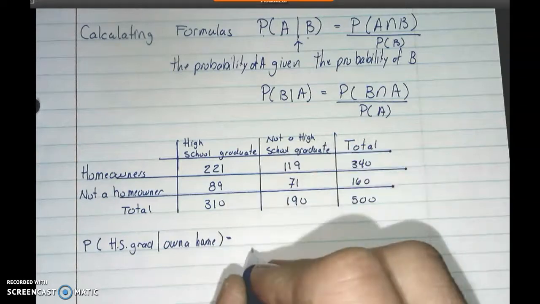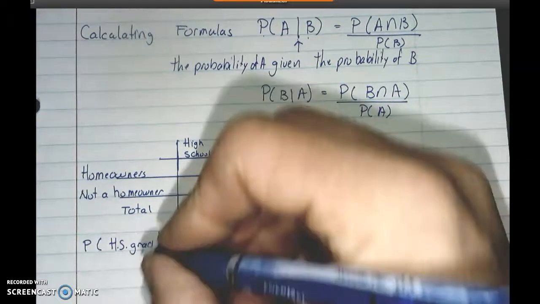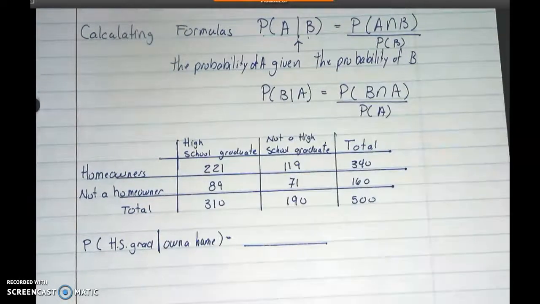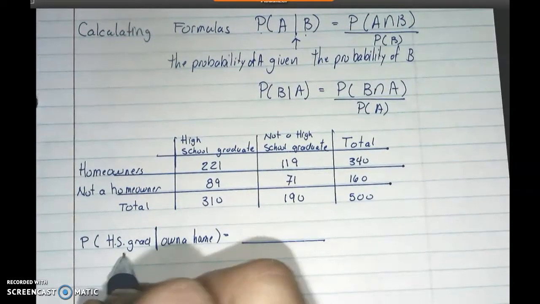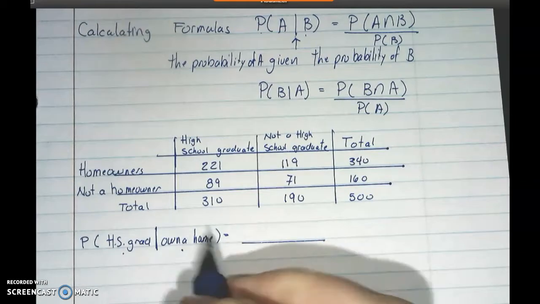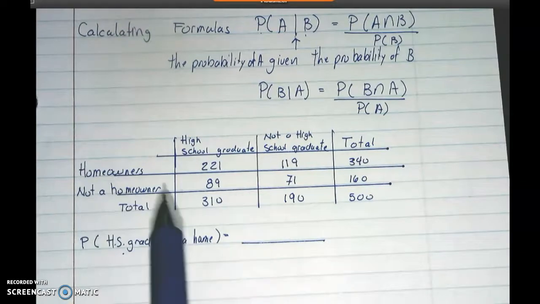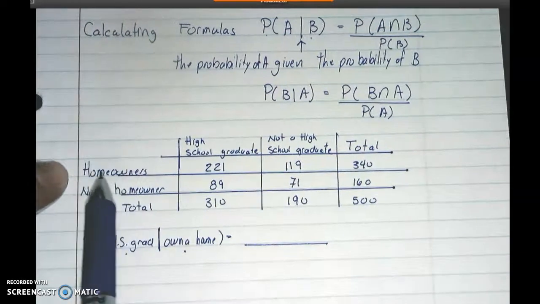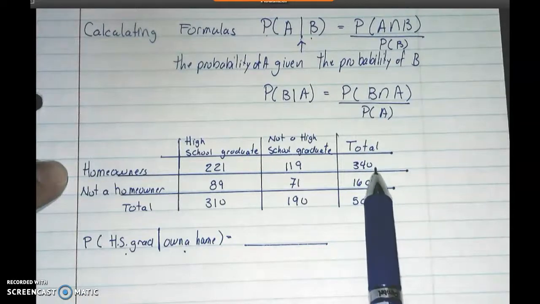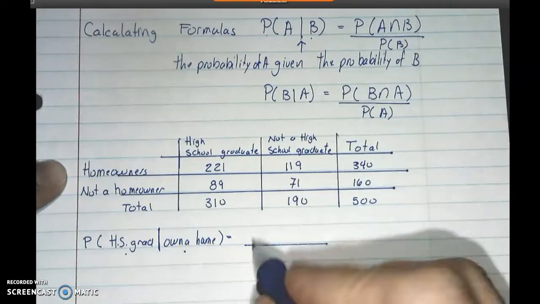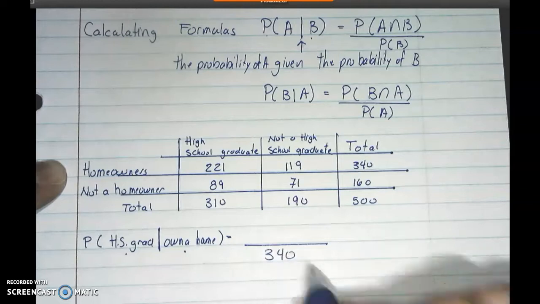The way I calculate this is with my fraction bar. This is my numerator, this is my denominator. So I go to own a home, that's a homeowner, and I go all the way to the total. The total is going to be my denominator, okay?